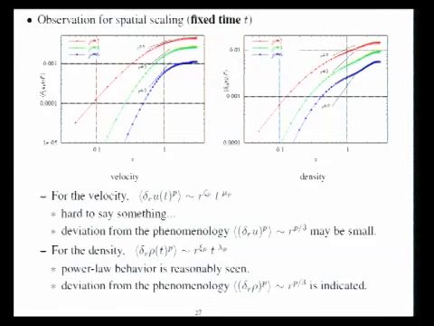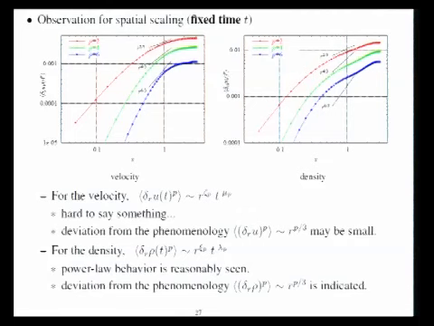Okay, so far I just showed fixed time, and I'd like to look at the scaling in the spatial scale r. For this spatial scaling, for the velocity, it's quite hard to say something because of the limited scaling range.